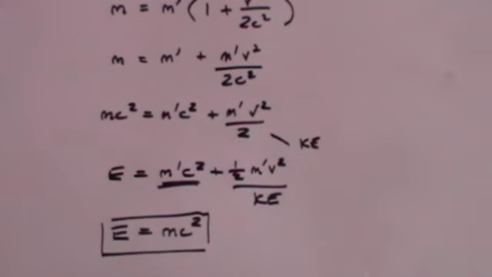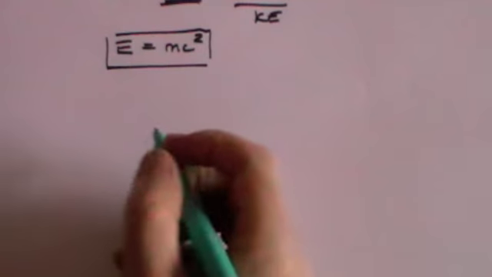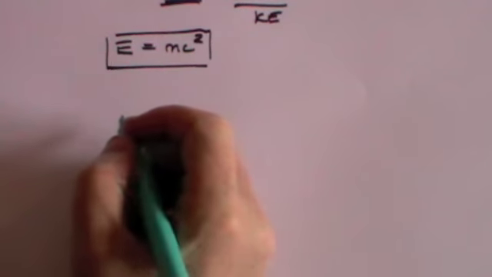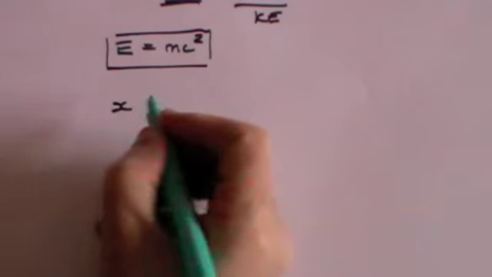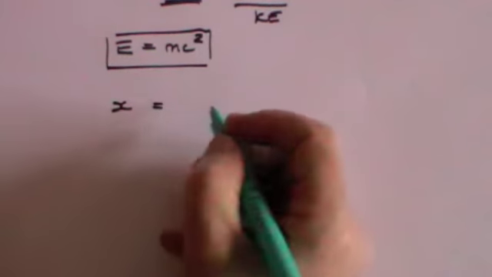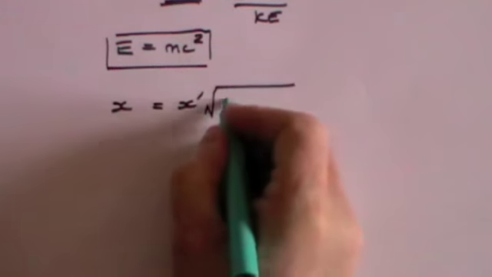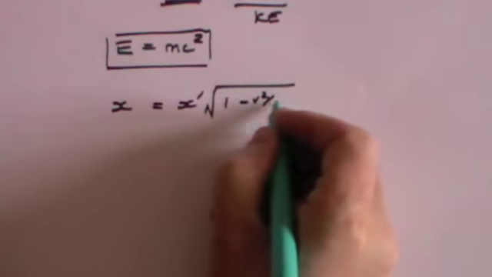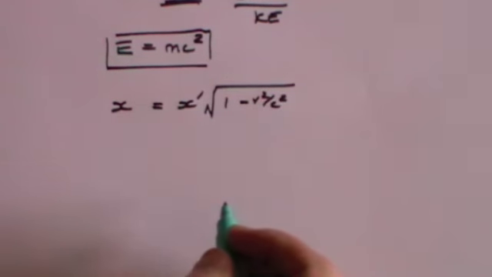So finally, let me just remind you of the formulae, the relativistic formulae that govern special relativity. In terms of distance, we have length contraction. We say that the remote measurement is equal to the local measurement times the square root of the correction factor, 1 minus v squared over c squared.